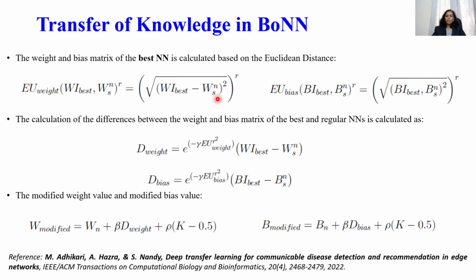Here, WNS represents the nth layer weight matrix of the nth regular neural network of the bag. Similarly, EU bias is the Euclidean distance of the bias matrix calculated between Bi best and BNS. Here, this BNS represents the nth layer bias matrix of the nth regular neural network of the bag.